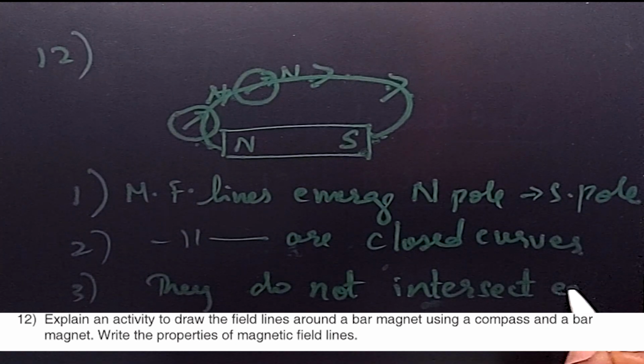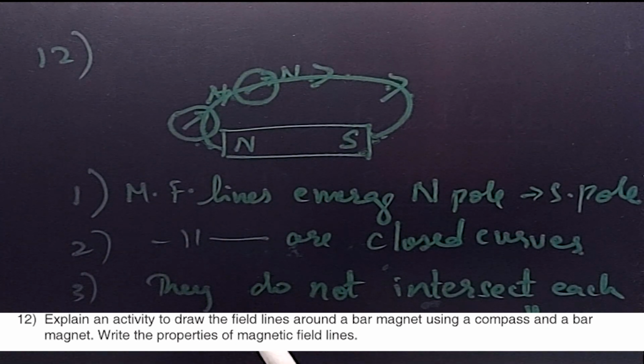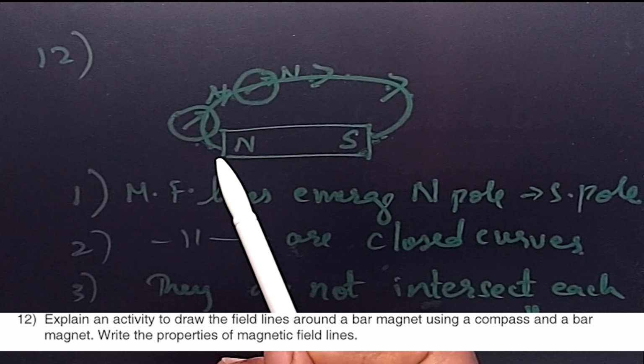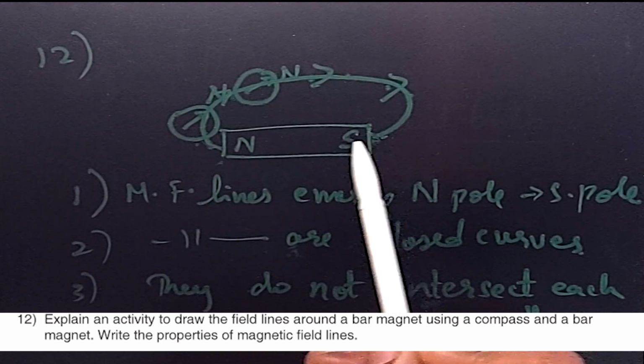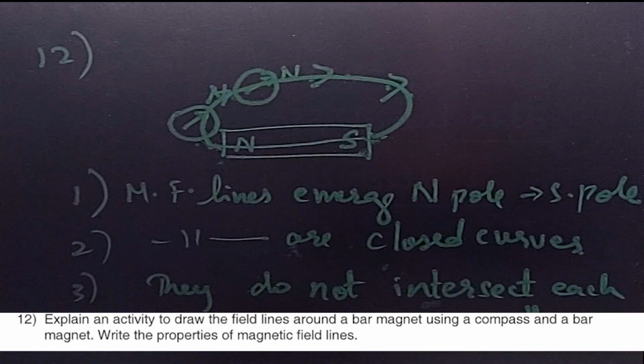They do not intersect each other. Here we can also add one more point, that is the magnetic field lines travel from south to north pole inside the magnet.